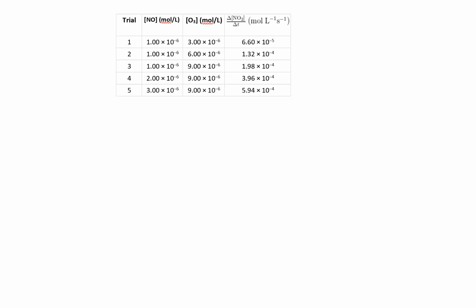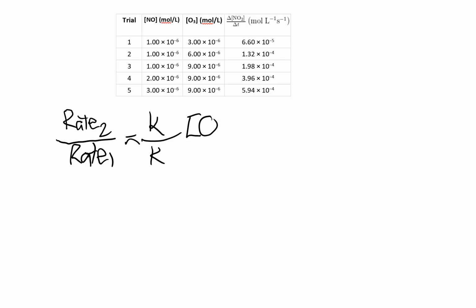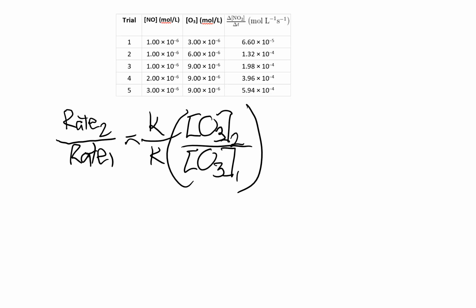To set this up, we're going to take the ratio of two experiments. In this case, I'm going to solve for ozone's rate law first, and I'm going to do it by comparing experiments 2 and 1. So we set this up by saying the rate of experiment 2 relative to the rate of experiment 1 is equal to the rate constant of experiment 2 over the rate constant of experiment 1, which happens to be the same value, times the ozone concentration of experiment 2 over the ozone concentration of experiment 1 raised to some power x.